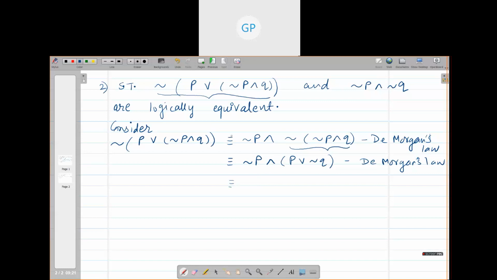So we have P or negation Q. Now what is the distributive law here? Negation P and P, or negation P and negation Q. Yes. So here my reason is distributive law.